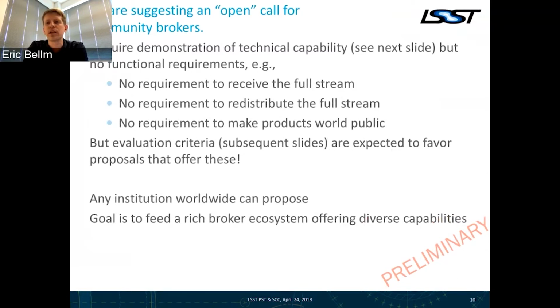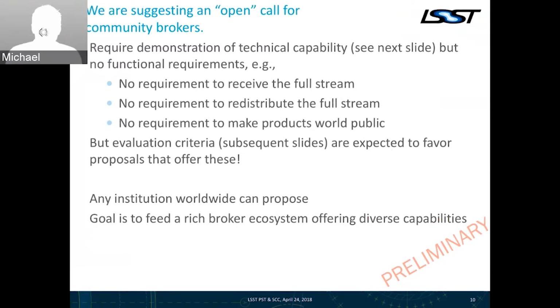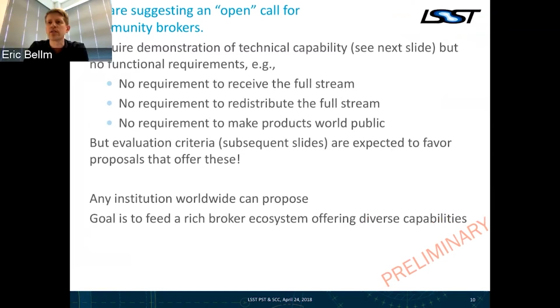And the goal of making this a fairly open call is to really enable a rich cross-section of proposals that can generate the widest variety of science. Our expectation is that different institutions around the world have different strengths and strategic interests, and trying to force everyone to build the exact same type of broker is perhaps not useful.